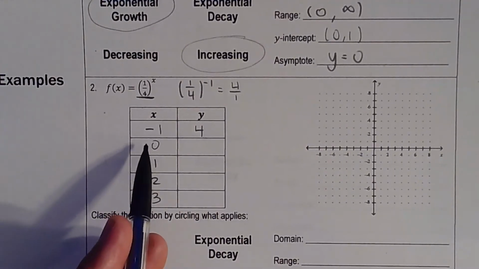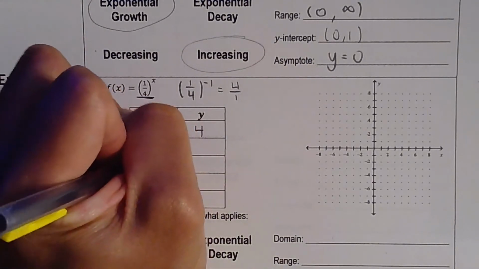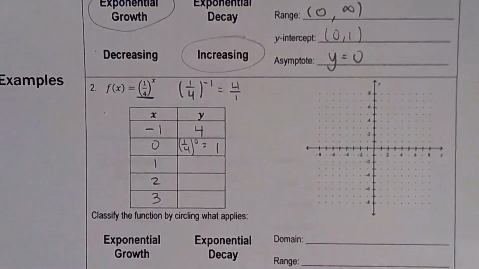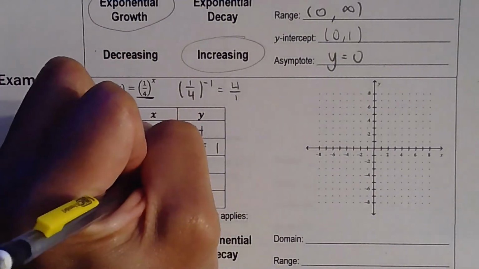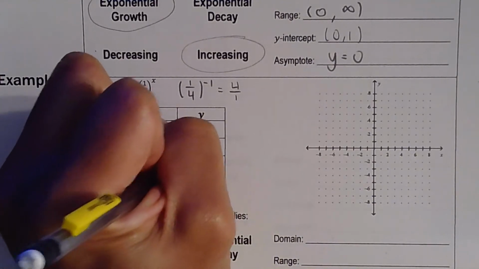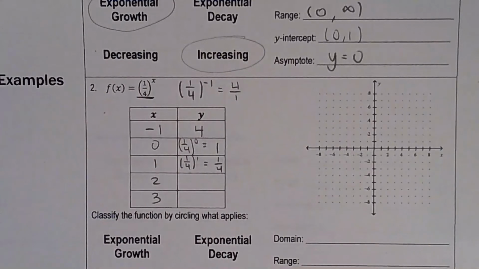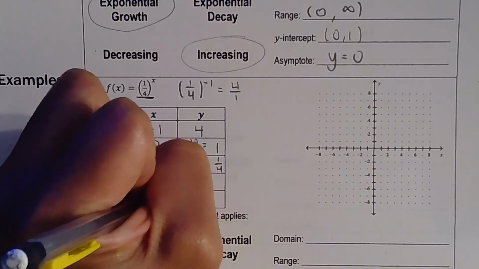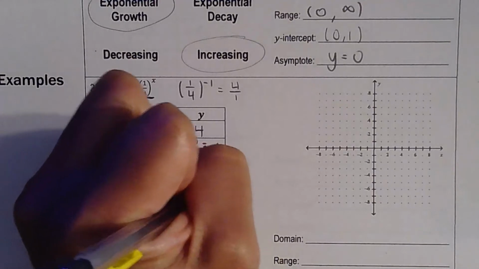All right, 0. So anything raised to the 0 power, 1/4 raised to the 0 power, that's just 1. All right, 1/4 to the first power, that's just itself. All right, 1/4 raised to the second power, that's literally 1/4 multiplied by 1/4, which is just 1/16.